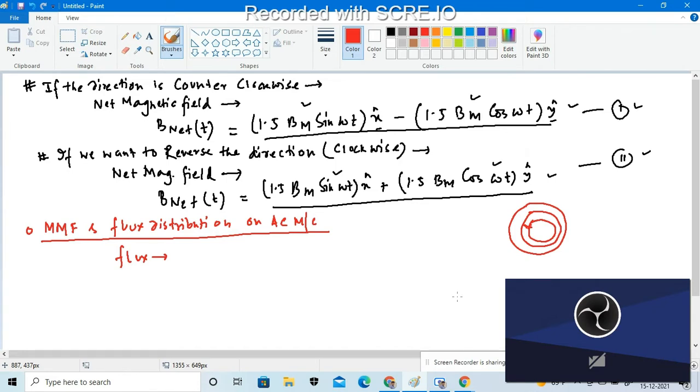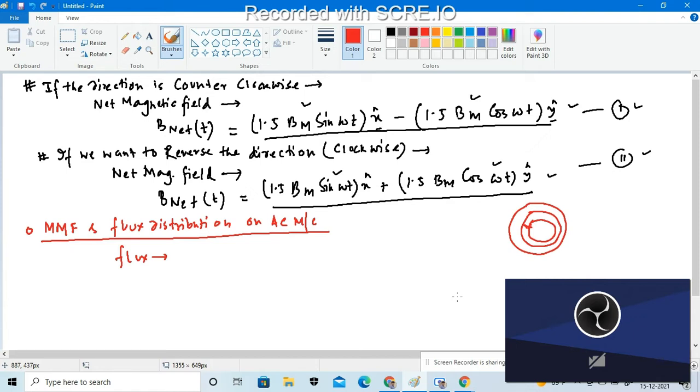When we design such a real machine, with a very small air gap located between the rotor and the stator, then as far as the design aspect is concerned, the rotor can be cylindrical.